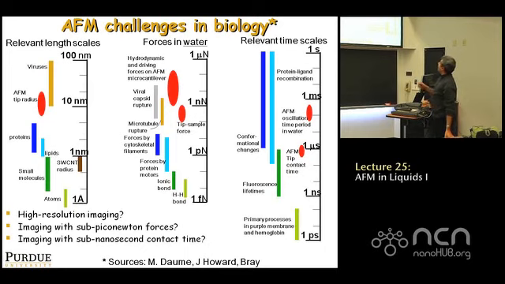And just to give you an idea, when you're looking at things like conformational changes of proteins, for example, they typically happen at time scales that are much faster than your oscillation time scale of the cantilever. So it's usually hard to observe conformational changes.